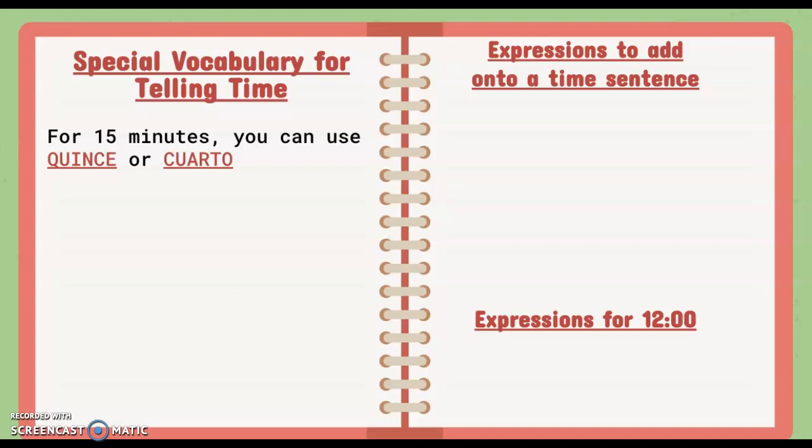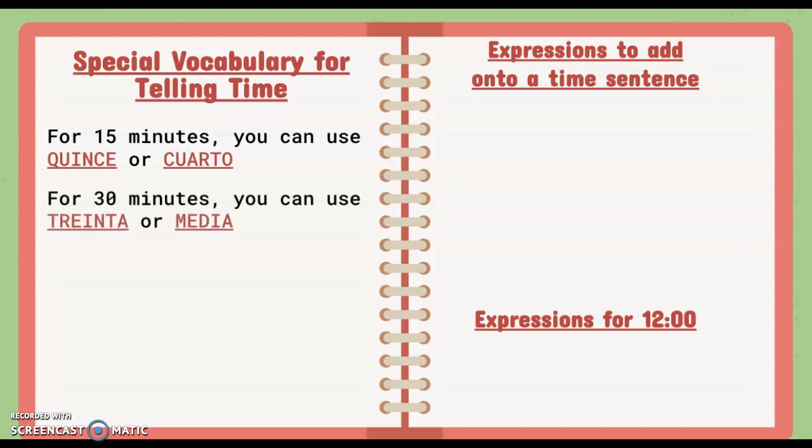So if I'm saying it is 2:15, I can say son las dos y quince or son las dos y cuarto. The same thing for 30.